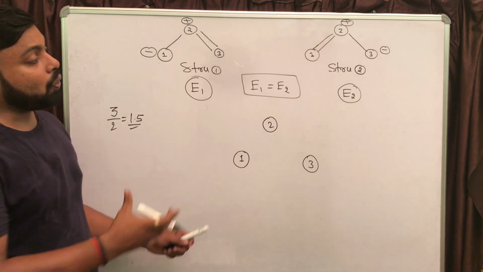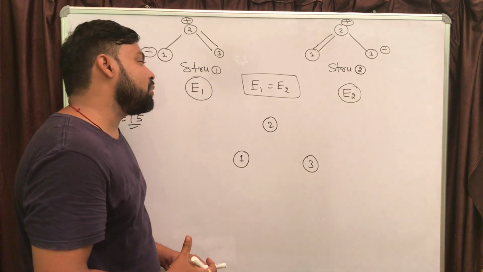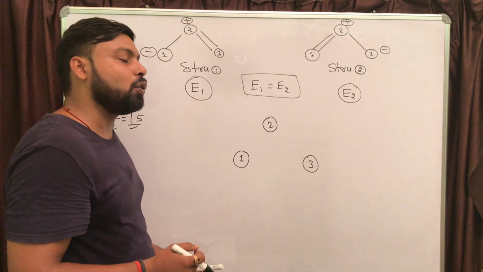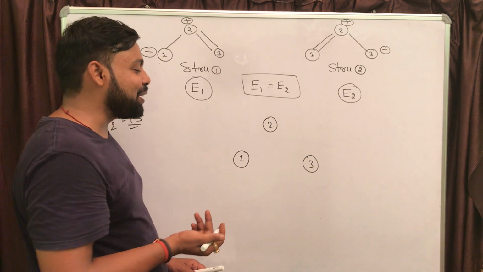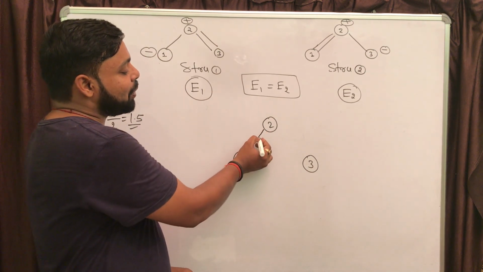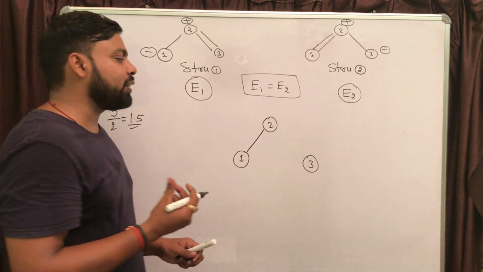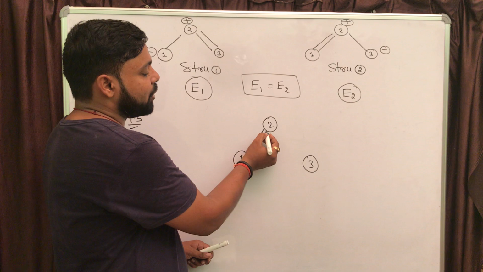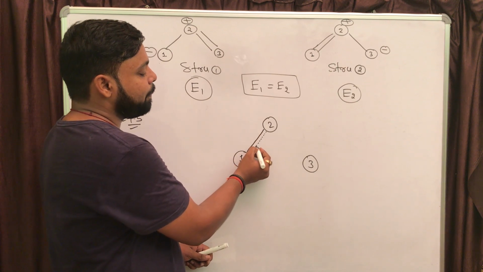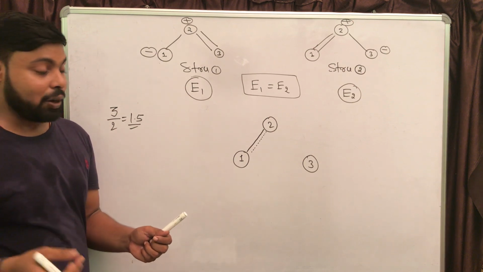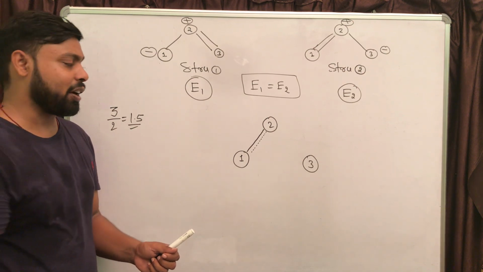So, if you want to draw the average structure, you have to draw 1.5 covalent bonds between oxygen 1 and 2. And how to draw a 1.5 covalent bond? Draw one covalent bond first, and if you have a fractional covalent bond, that fractional covalent bond is represented by a dotted line.